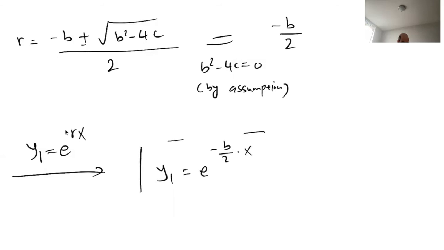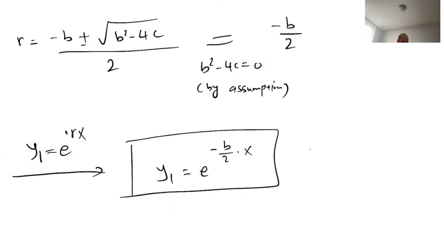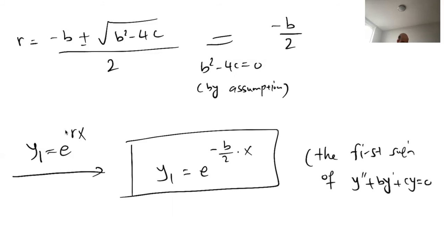So this is the first solution of our ODE, the first solution of y double prime plus b y prime plus cy equals 0 with b squared minus 4c equals 0.